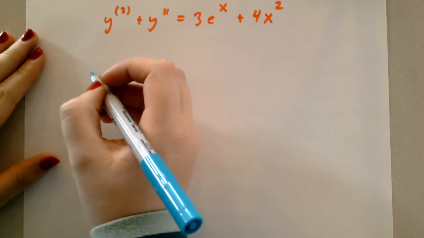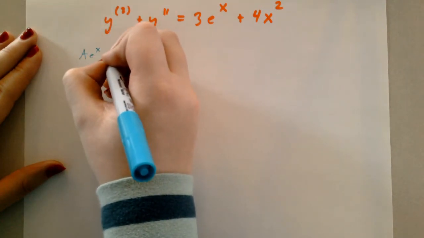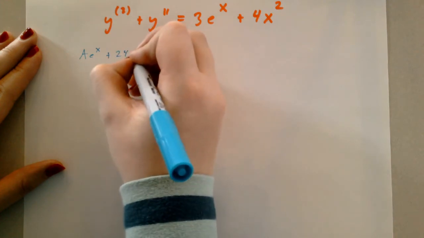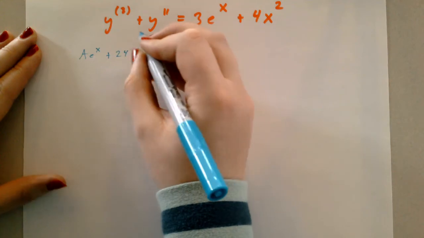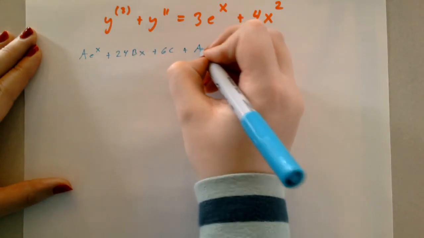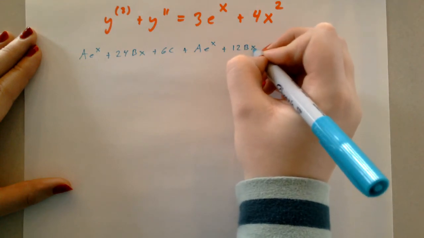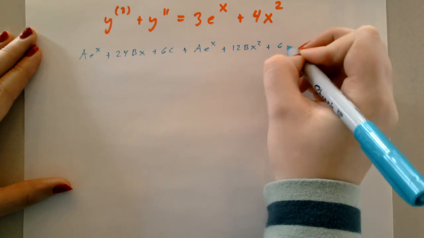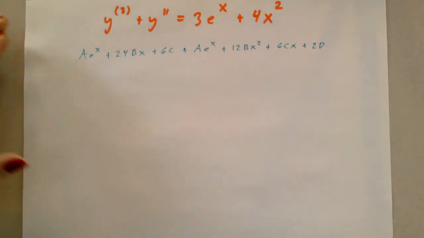So from our third order derivative, we have a e to the x plus 24bx plus 6c. And then for our second order derivative, we have a e to the x plus 12bx squared plus 6cx plus 2d.